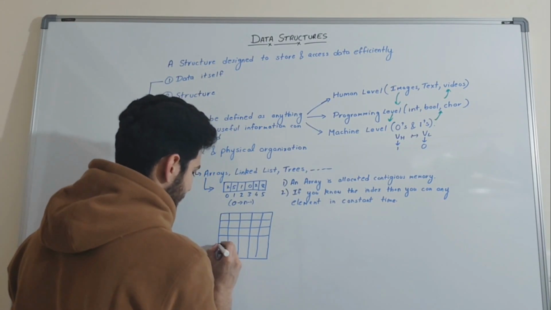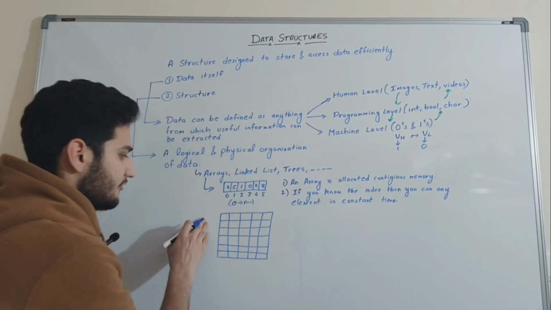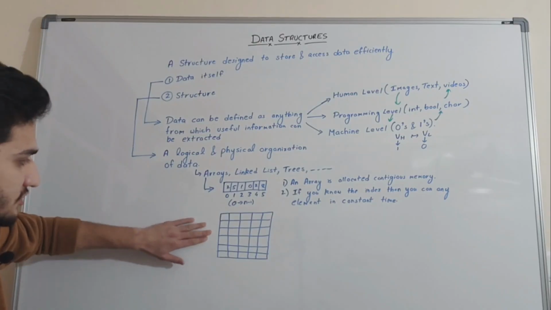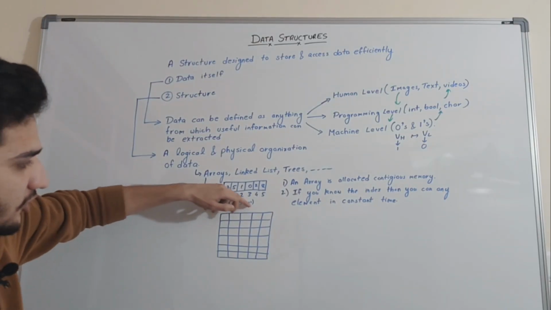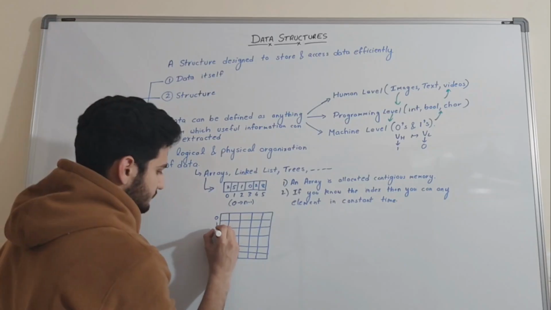This is how a two-dimensional array looks like. It is going to have rows and it is going to have columns which we can index.